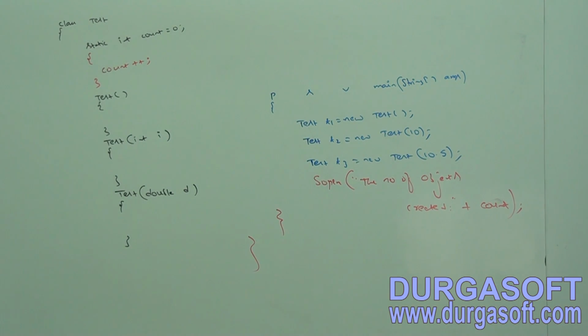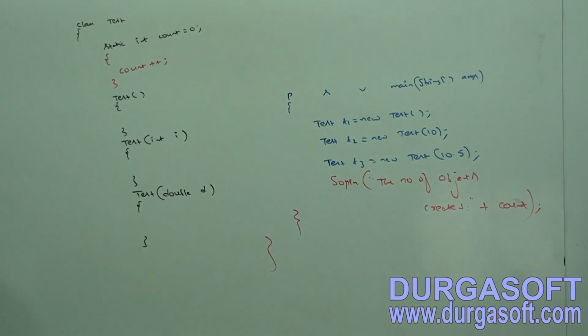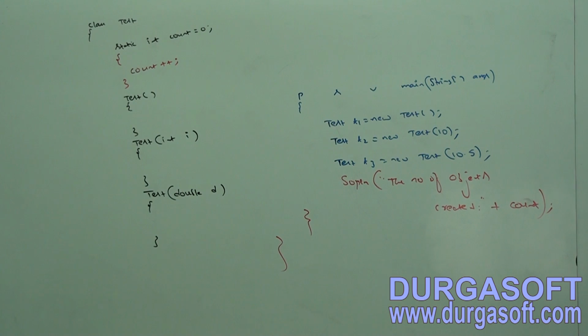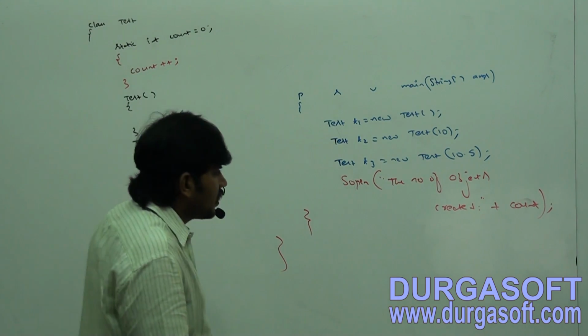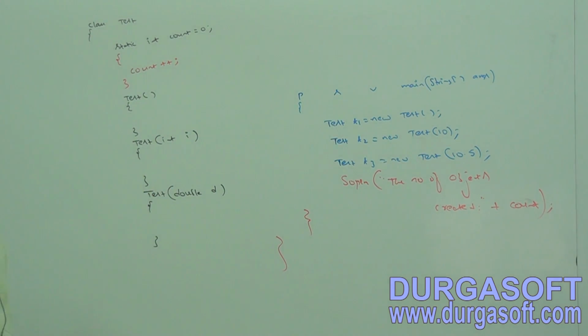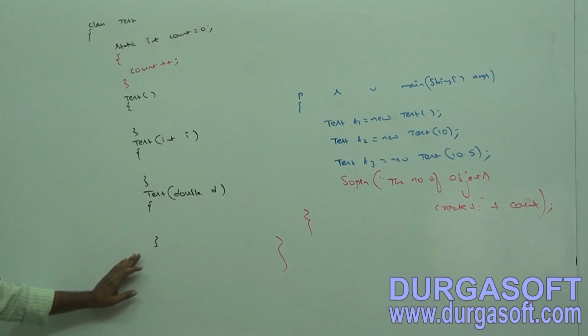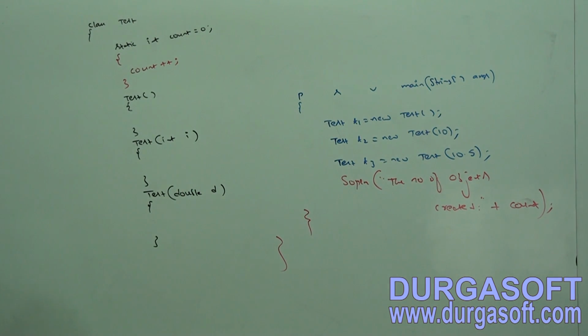Completed, right? So what is the role of the instance block? The number of objects created itself is plus count. So the terminology is very clear for you people, right? That's all. Instance block versus constructor, what is the difference.